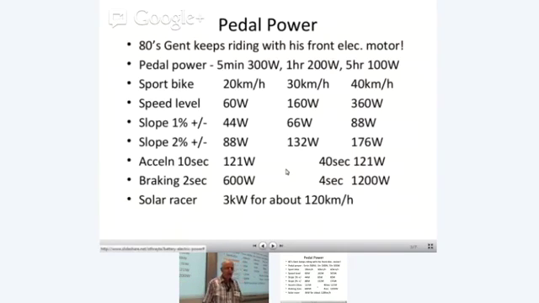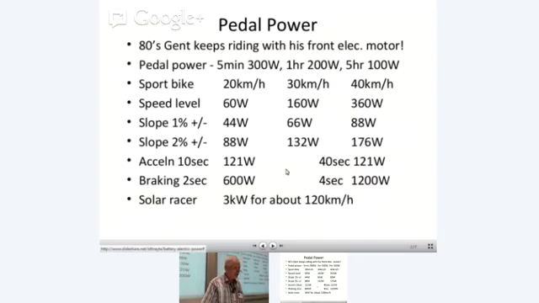And so I looked up some information regarding a sports bike, which would be maybe a 10-speed, 12-speed, 18-speed sort of bike there. And what do you need to actually ride that along a road? So speed on the level, at 20 kilometres an hour, you need about 60 watts input. At 30 kilometres an hour, you need about 160 watts input. And if you want to ride at 40 kilometres an hour, you need 360.